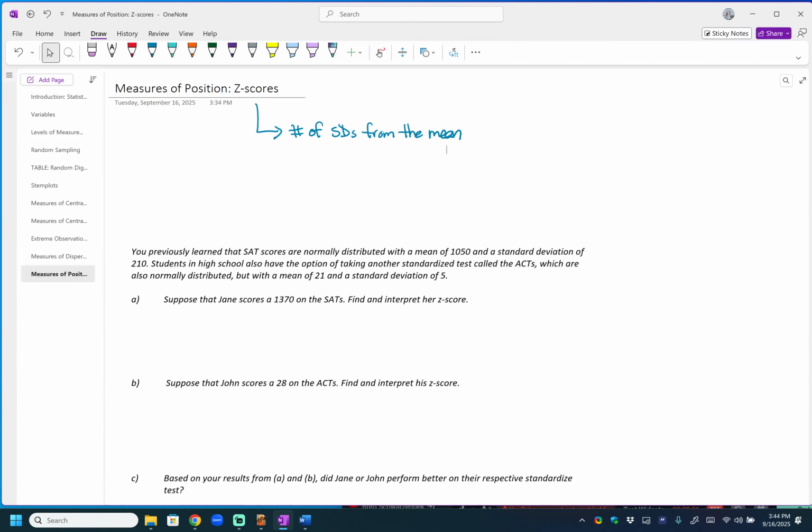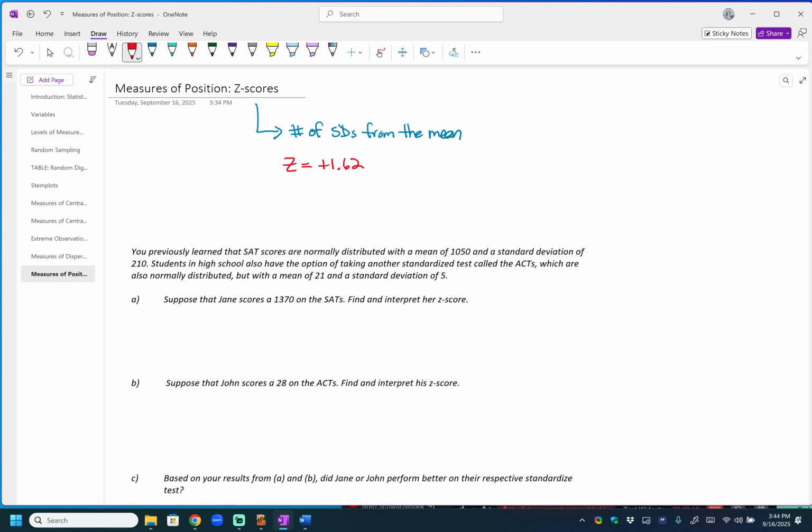For example, if I end up with a z of positive 1.62, then that means that my observation falls at exactly 1.62 standard deviations above the mean.